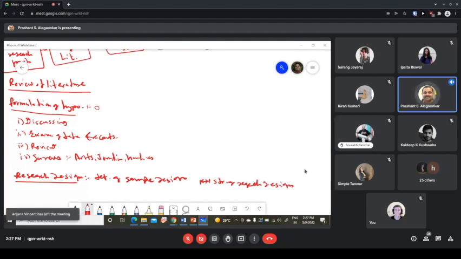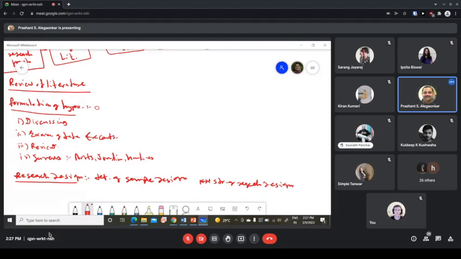Then towards the end of the topic, I told you about the criteria of good research. If you want to do good research, then the purpose of the research should be clearly defined. There are seven factors which set up the criteria for good research.